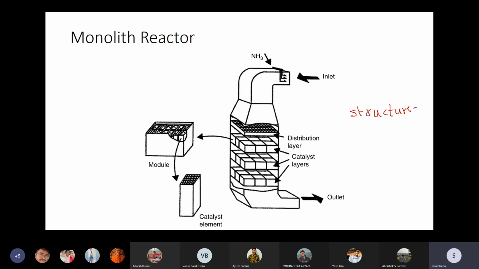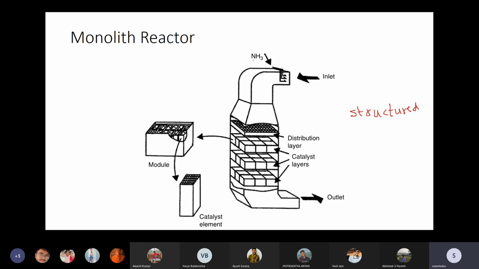That is also an example of a structured packing reactor, and monolith reactors are also structured packing reactors. These modules are placed in a very well structured manner, and inside the module you will have the catalyst layers coated. Zeolites are coated on the inner surface.